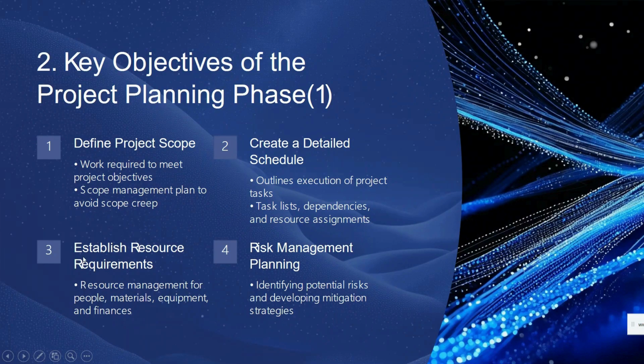Next, we have number three, establish resource requirements. So resource management ensures that all necessary resources such as 3M, manpower, material, and machinery are identified, allocated, and managed effectively throughout the project. After that, we have risk management planning.